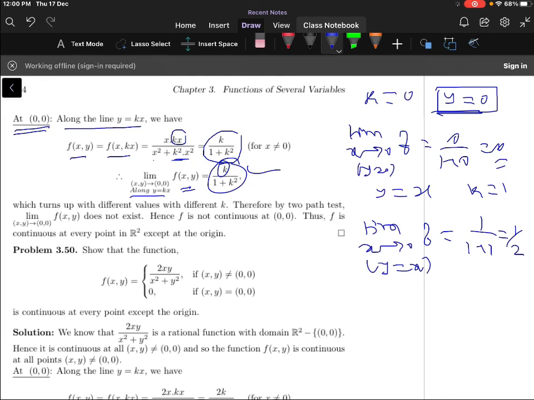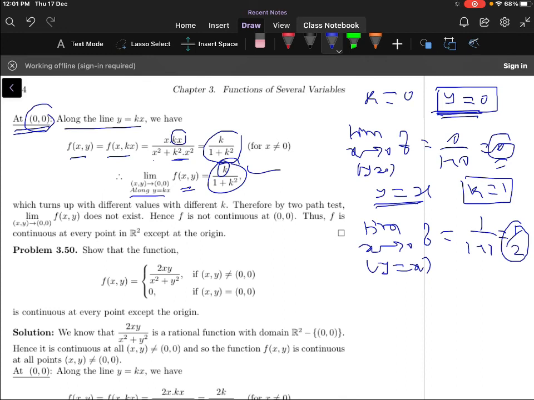You can observe that along the path y is equal to 0, the limit is 0. Along the path y is equal to x, when k is equal to 1, the limit is 1 by 2. So there are two different limits for different paths. Therefore, the limit does not exist at the point 0 comma 0.